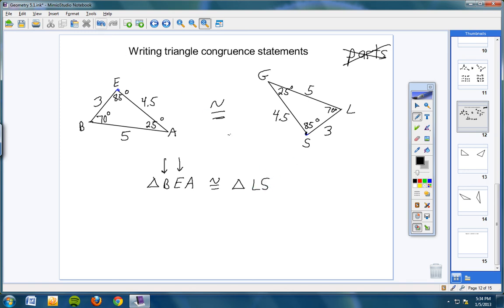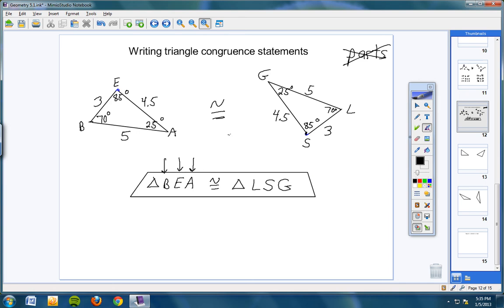Wow, that's a nice S, isn't it? Let's try that again. Now, this third angle, A, is 25 degrees. So if I'm calling my third letter here the 25-degree letter, I better find the 25-degree letter over here, G. There. Now, that is how you write a proper congruency statement with triangles.